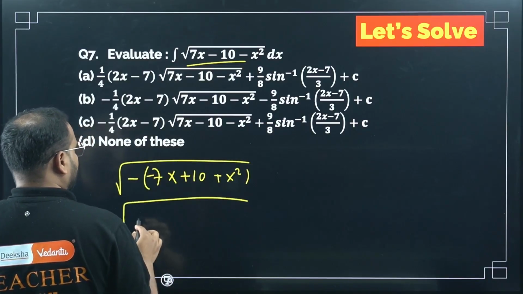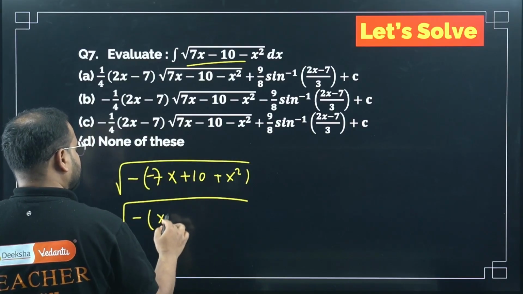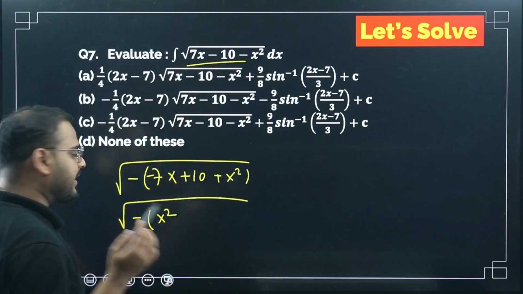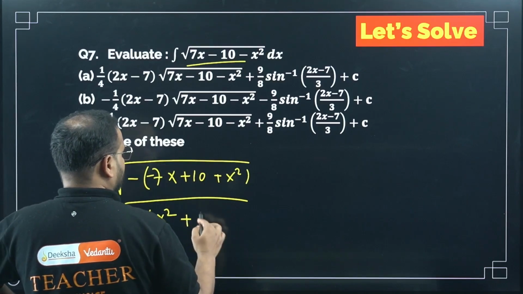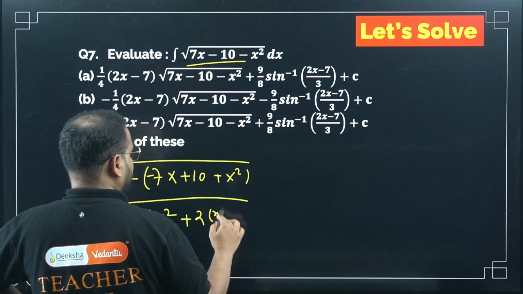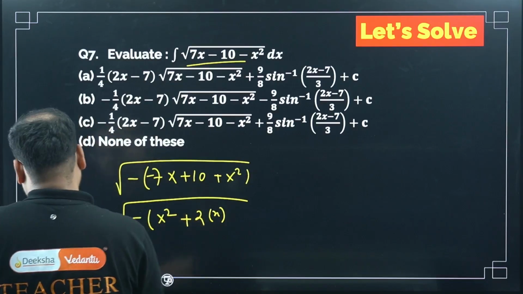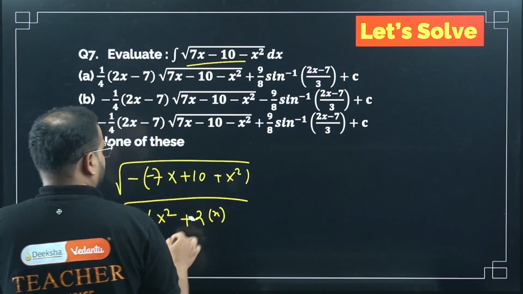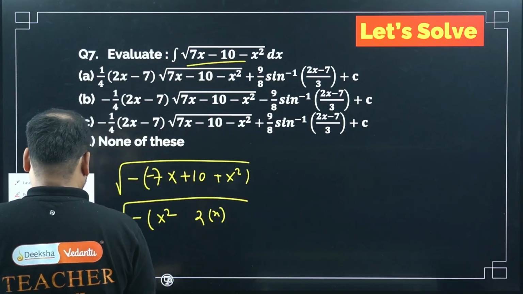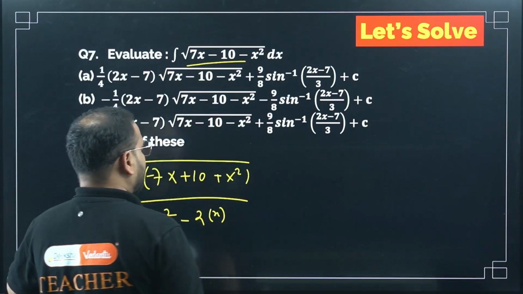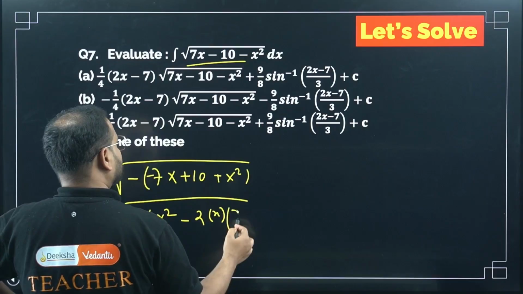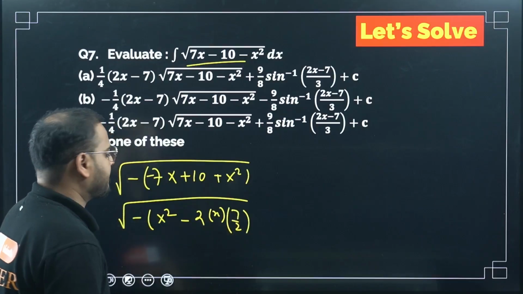What will this be? Minus x square is as it is. I said write 2x first. This is a minus sign, no? So write a minus here, 2x. I need to have minus 7x, so I'll write 7 by 2. Please check.